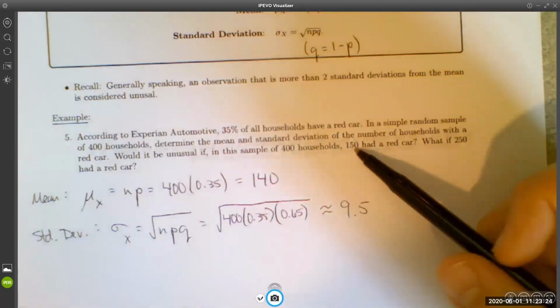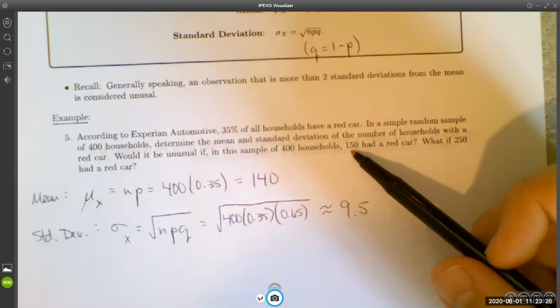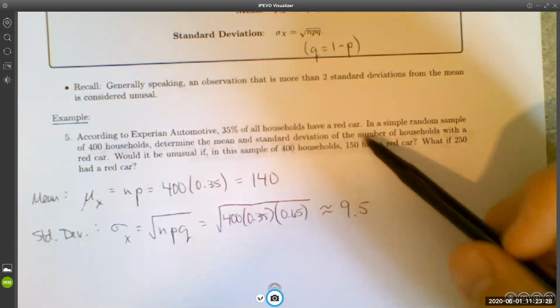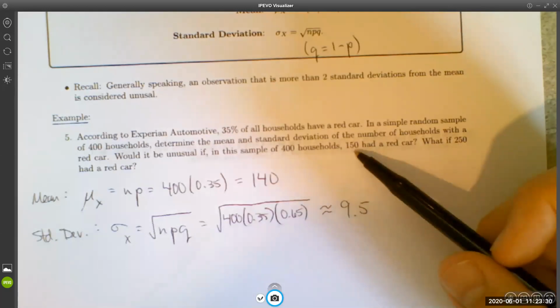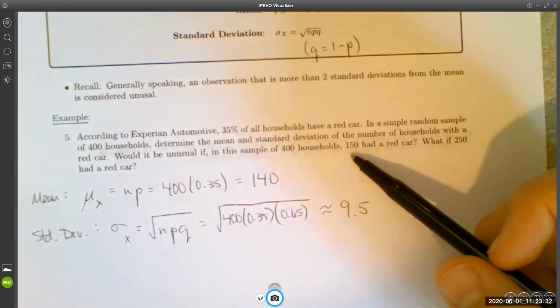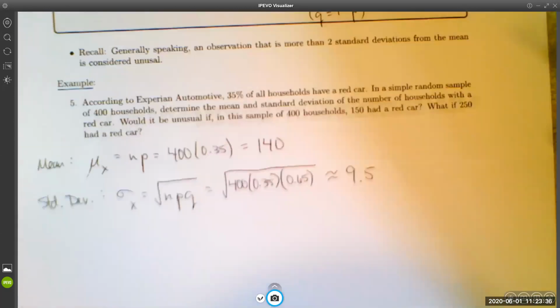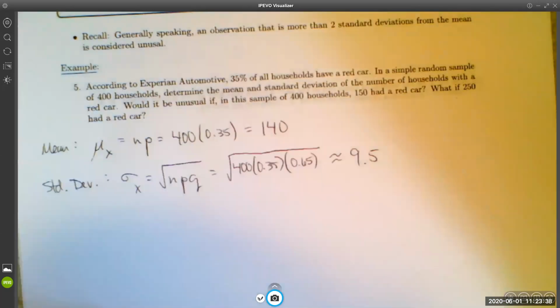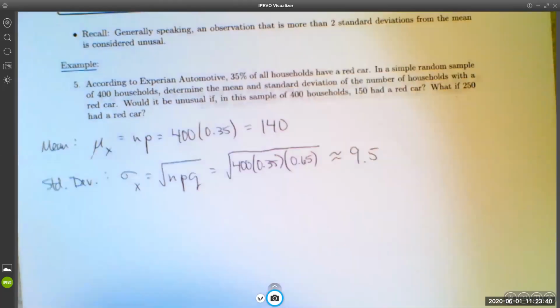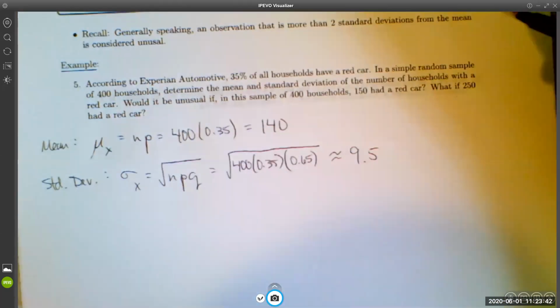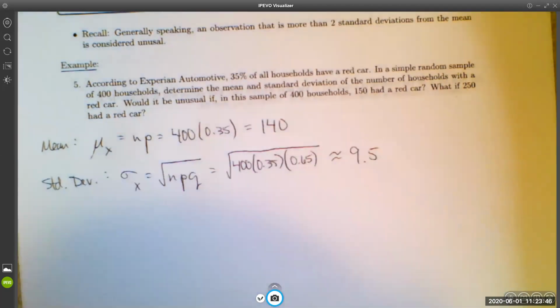So you could do that a couple ways. One way would be to compute the z-score for 150, and if the z-score is less than 2, then it's not an unusual observation. The other thing you can do, and I think the way I'm going to do it because it's going to be easier, is to just figure out what value is 2 standard deviations above the mean, because that'll serve as a cutoff point for determining what's strange and what isn't.